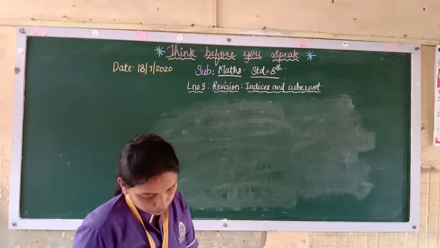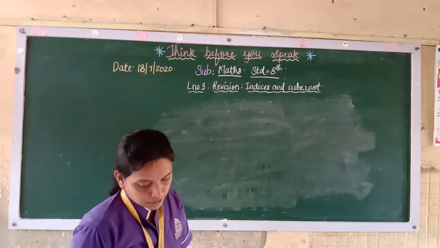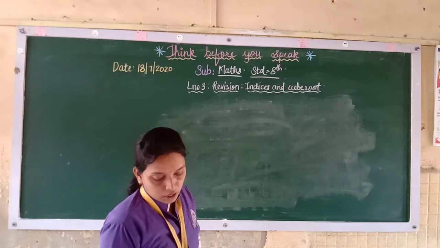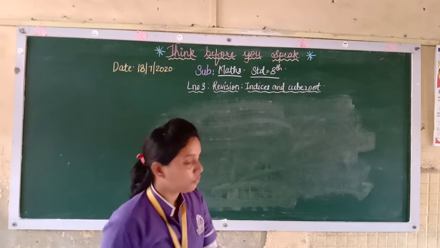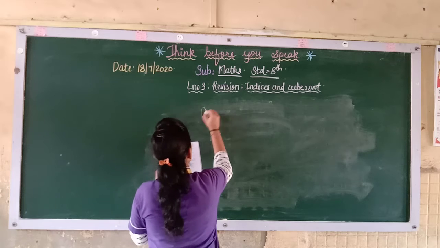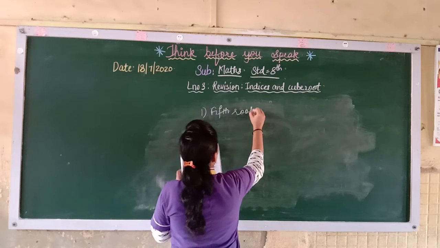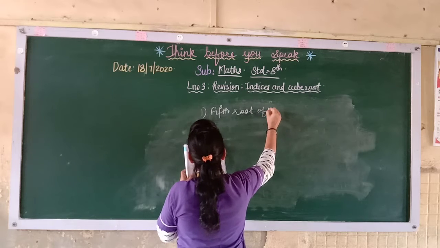Now see, express the following numbers in index form, that is practice set 3.1. It is given fifth root of 13.